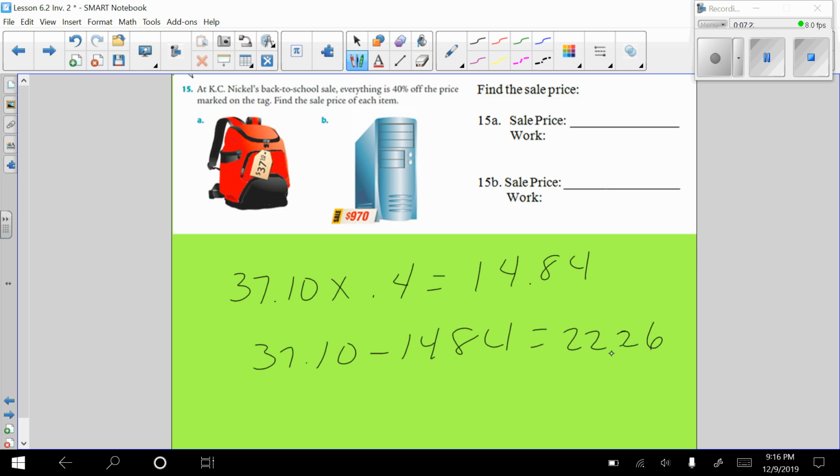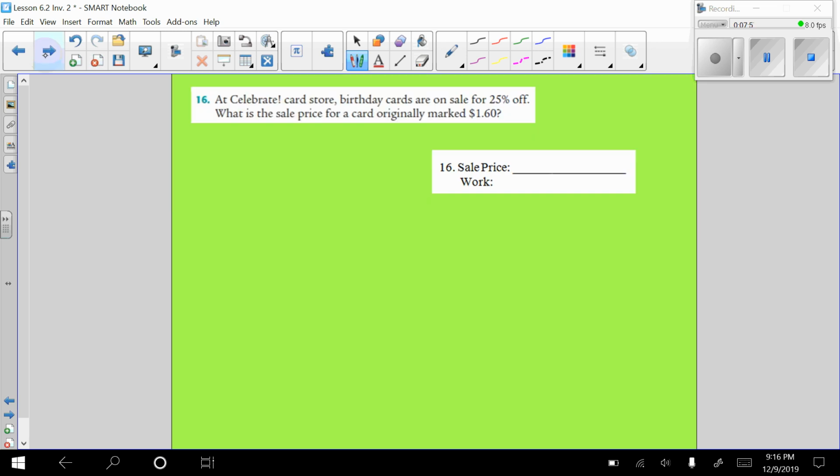That is what they would have paid for that backpack. Now for the computer, it's $970. Go ahead and find out what your savings is and what you would have actually paid for it. All right, hopefully you found out that this computer, 40% of 970 is $388, and that you paid for that computer $582. If you didn't get that, try again.